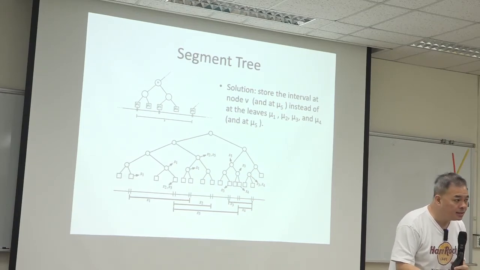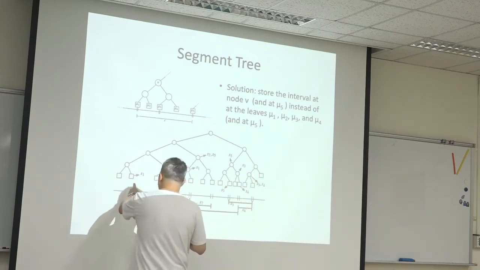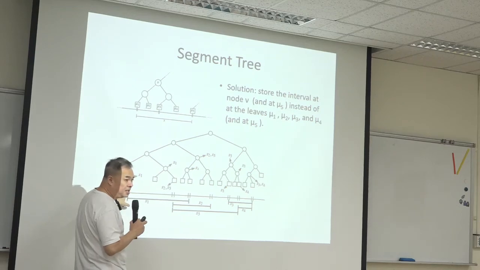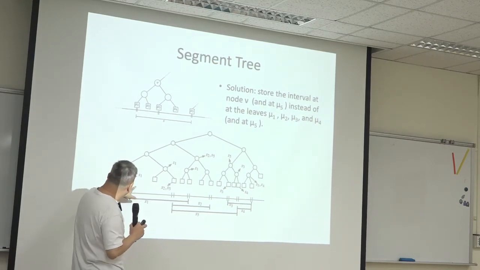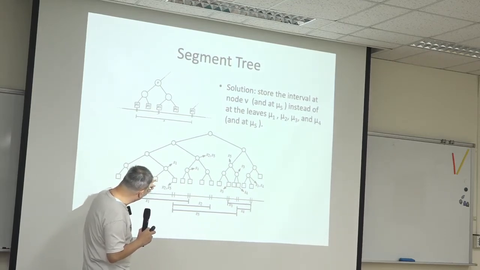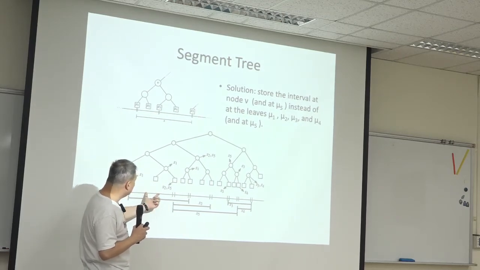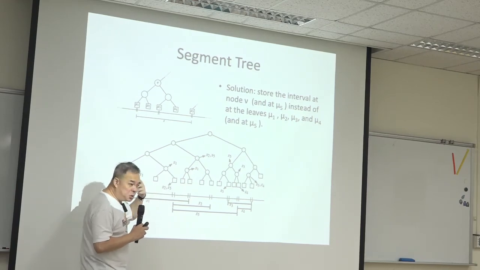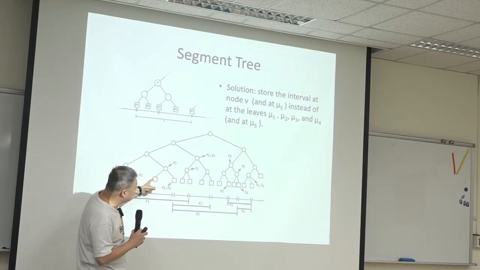For this node, its corresponding elementary interval is part of S1. For this leaf node, its elementary interval is from here to here, so S1 includes this elementary interval. So with the naive approach, this node has to store S1 too.